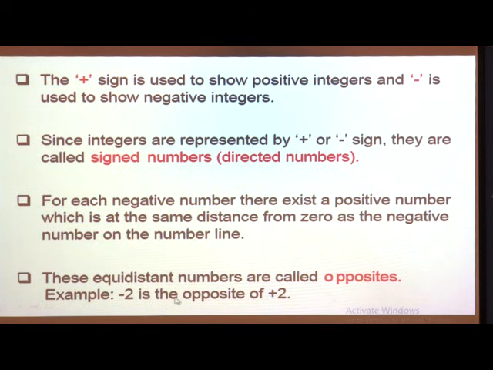These equidistant numbers are called opposites. Minus 2 is the opposite of plus 2. Another example, minus 1 is the opposite of plus 1. So plus is used for positive integers and minus is used for negative integers, and we name these numbers signed numbers because they have the sign plus or minus.